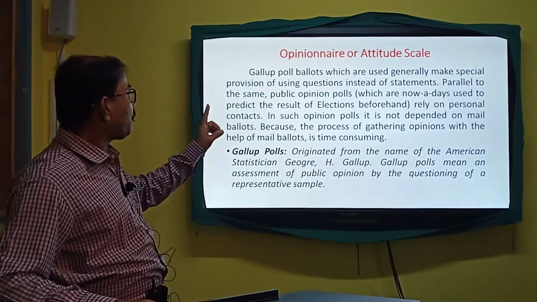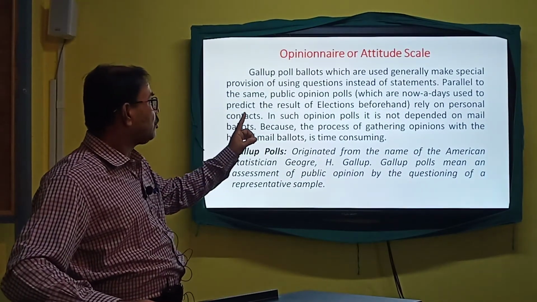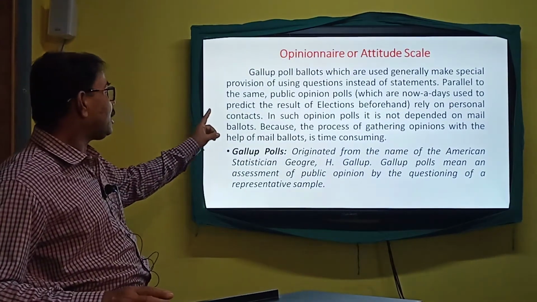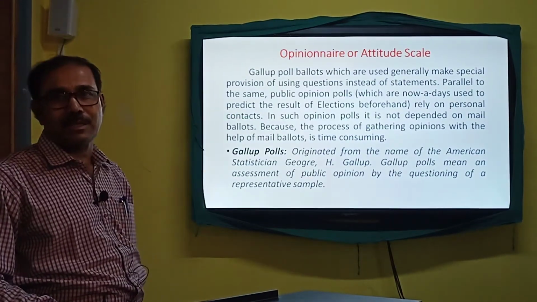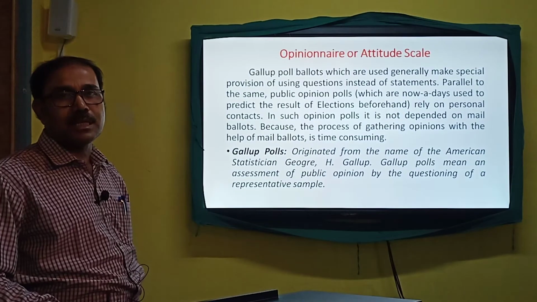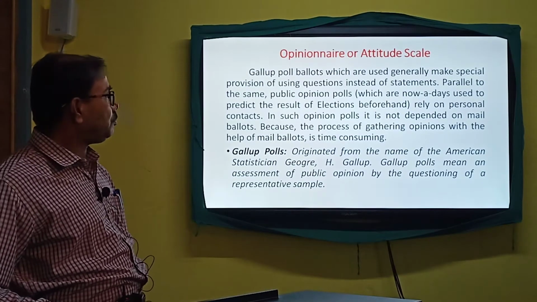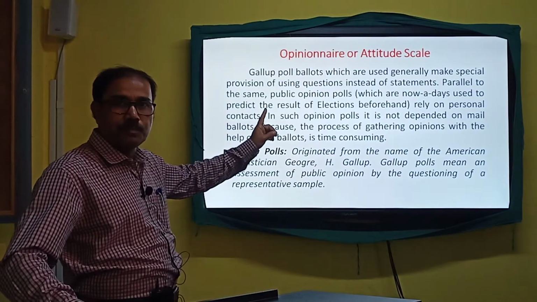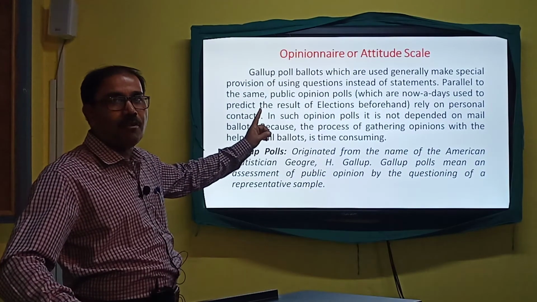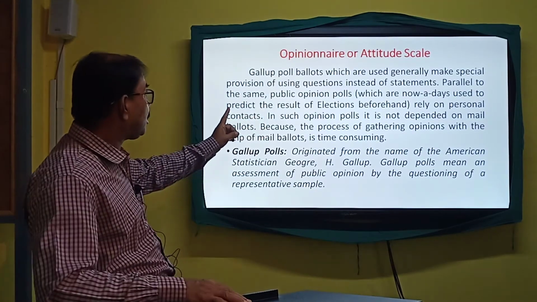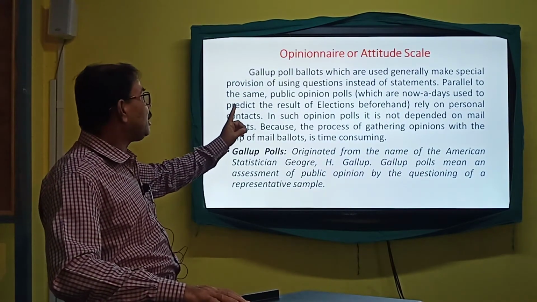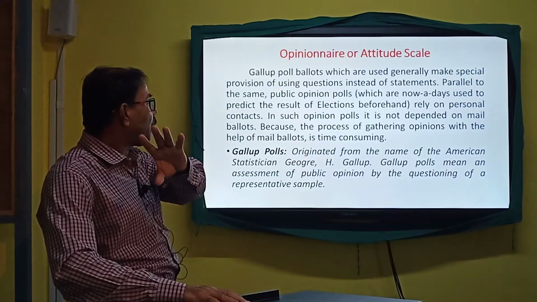And public opinion polls are nowadays used to predict the result of elections beforehand. Now the Bihar election is going on, and depending on the public opinion polls, before the declaration of the result on 10th of this month, you see on television, in mass media, some types of reports.